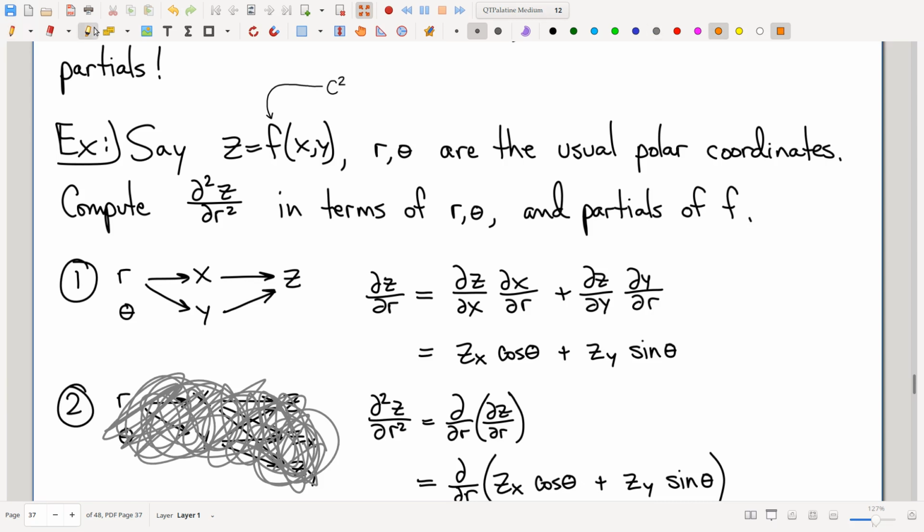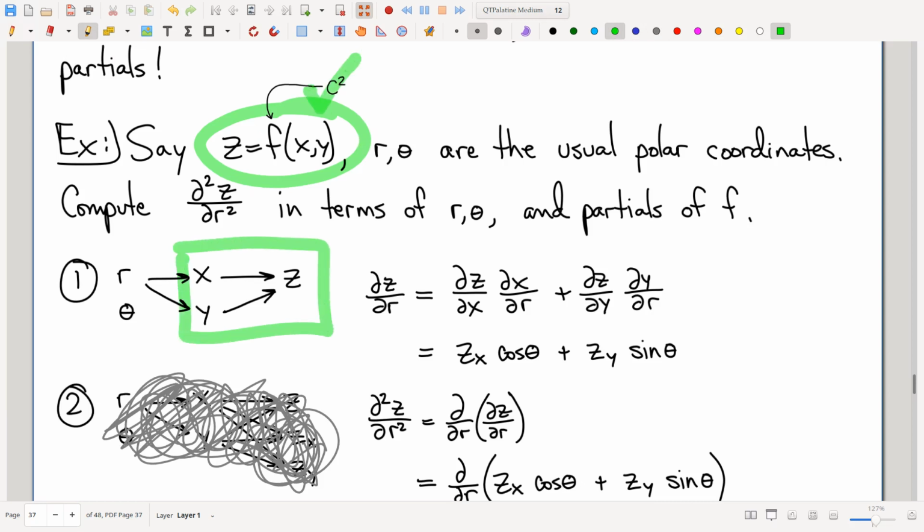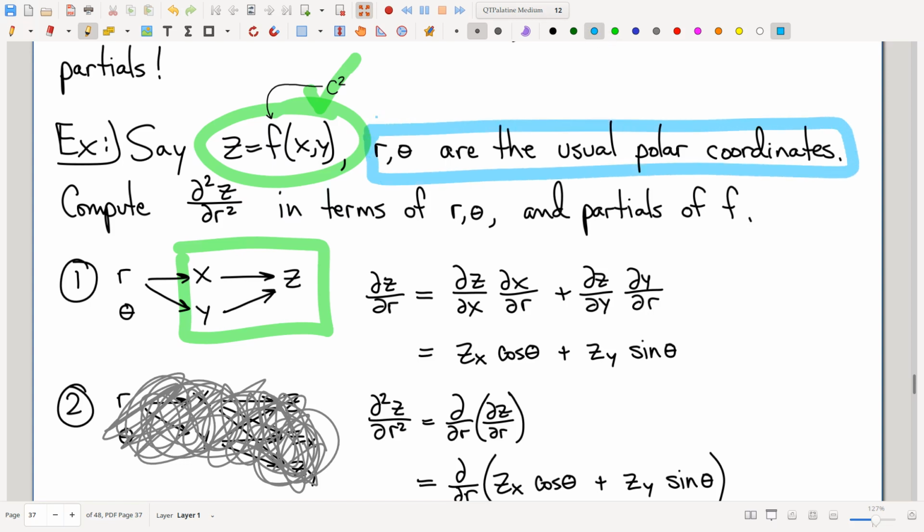Okay, so the question says, z is a function of x and y, nice and regular, no issues of differentiability. r and theta are polar coordinates. Flashback to whatever section that is. Polar coordinates is where x and y are functions of r and theta: r cosine theta, r sine theta.